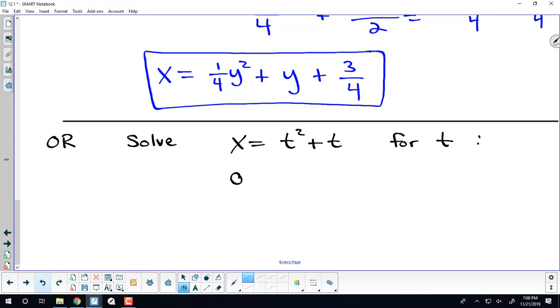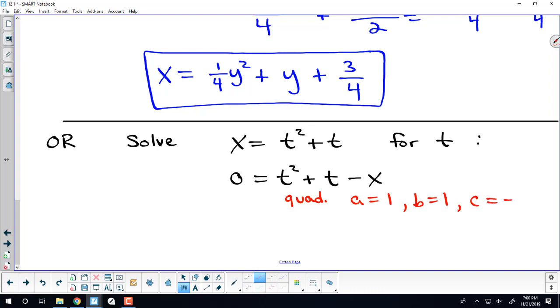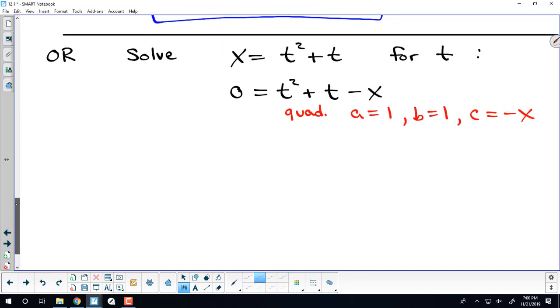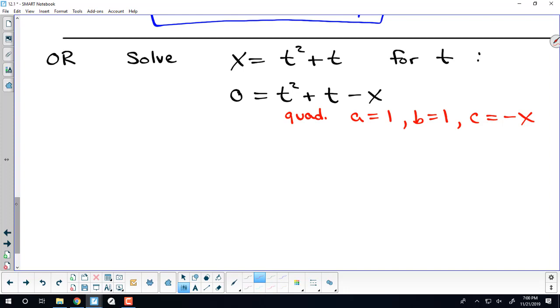So we're going to have to look at it as 0 equals t squared plus t minus x. This is quadratic with our a being 1, b is 1, and c as that number, negative x. So it's a little more work to solve for x, but when we plug it in for y, at least we're in a more familiar y equals situation.